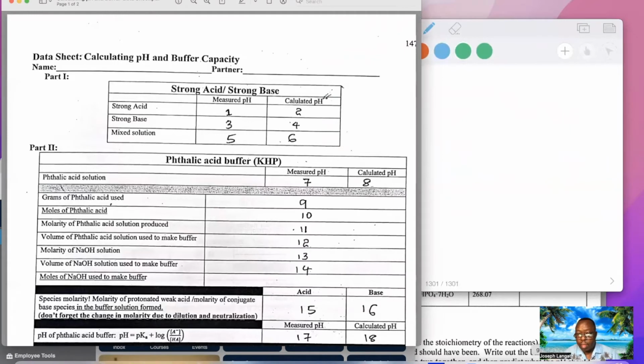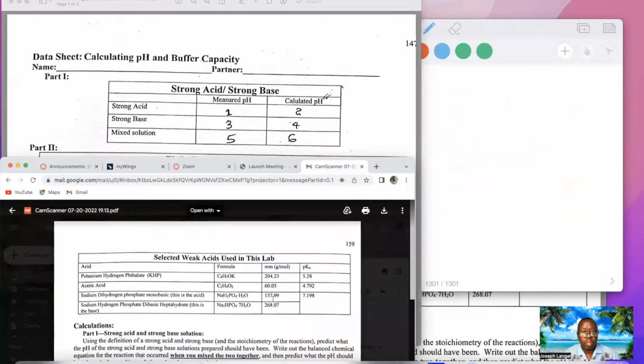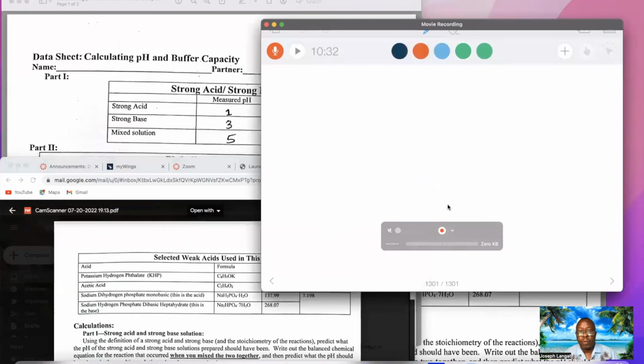You are given the Ka value. The reason we were given the Ka value here, you see, there is the Ka value for KHP, and this is the pKa right here, number 8.